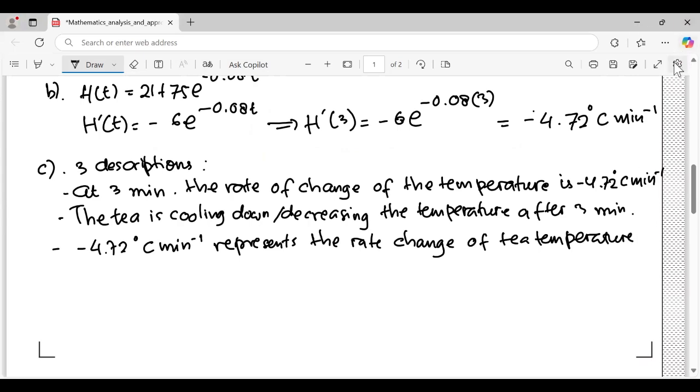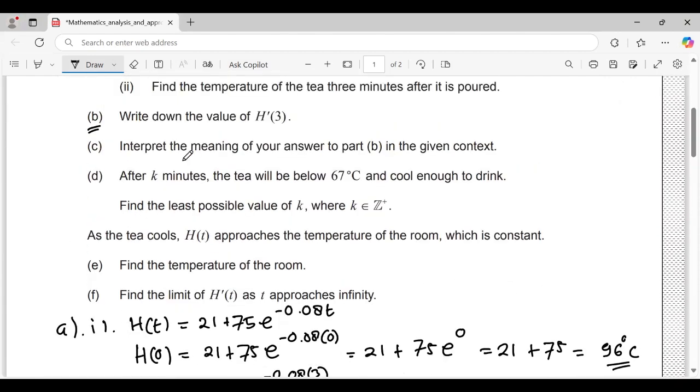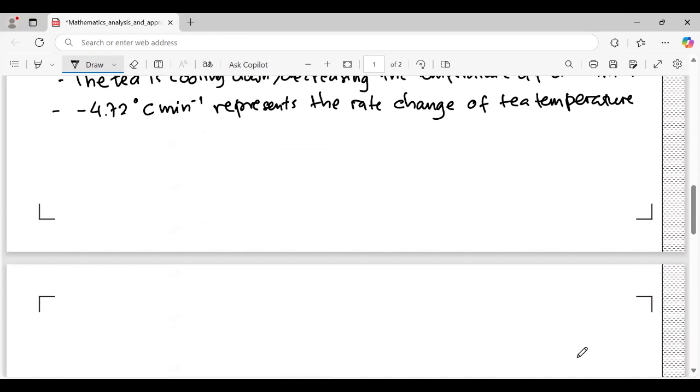Next question, D. So k means that the tea will be below 67 degrees Celsius and cool enough to drink. Find the least possible value of k where k is an integer. We are going to set, according to the information, that h(t) equals 67.